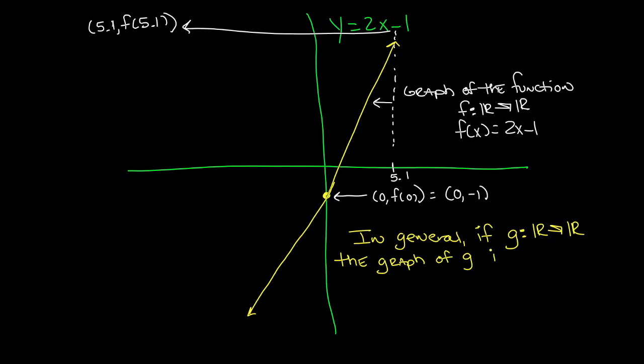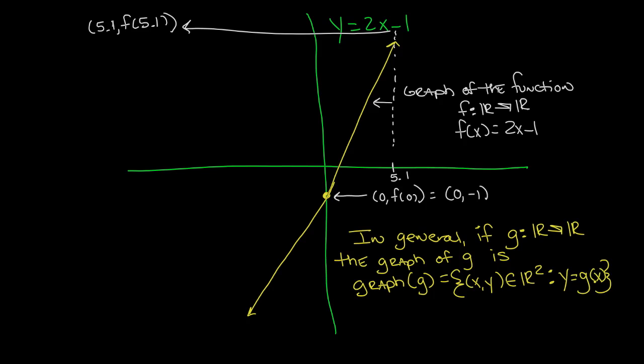Let's call it graph of g. This is equal to the set of all points x comma y in R2 such that y is equal to g of x. And that's really the important distinction. It's a visual way of drawing the graph.